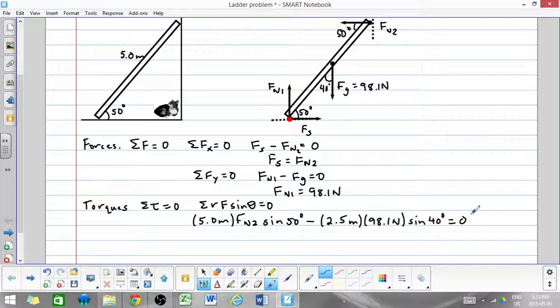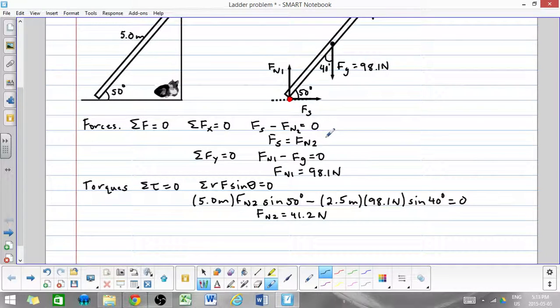And if you solve that, then you will see that the only unknown in that equation, Fn2, is 41.2 newtons. So we now know Fn1 and Fn2.